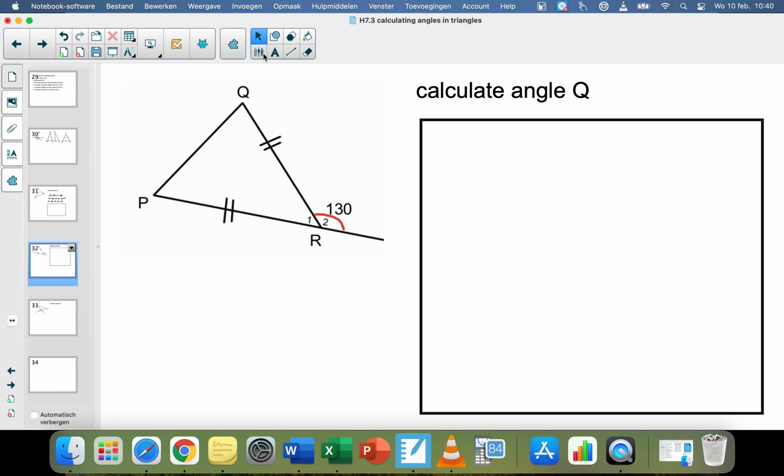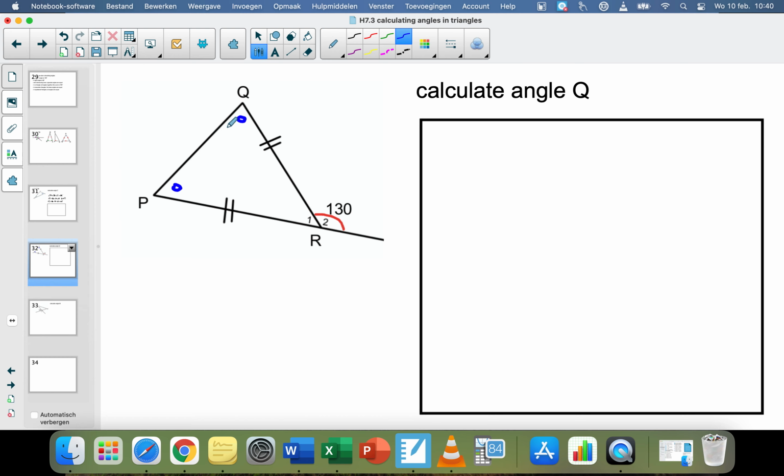We have two lines here and two lines here, so we have to recognize this as PQR being an isosceles triangle. And because PR is equal to QR, that means that the base angles in this isosceles triangle have to be P and Q. It's where the equal sides meet that's the vertex angle.